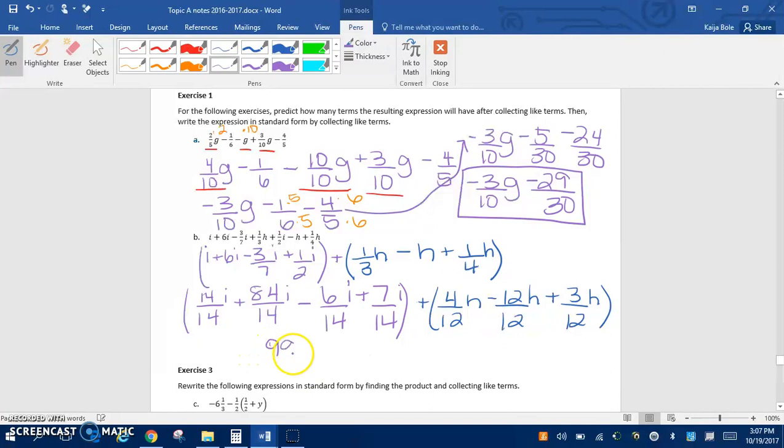So this ends up being 99 over 14I, plus, now for our H's, we have 4 minus 12, which gives us negative 8, plus 3 would give us a negative 5/12 H. So if we wanted to rewrite it to make it look nicer, a final answer I'll put in orange. We have 99/14 I minus 5/12 H.